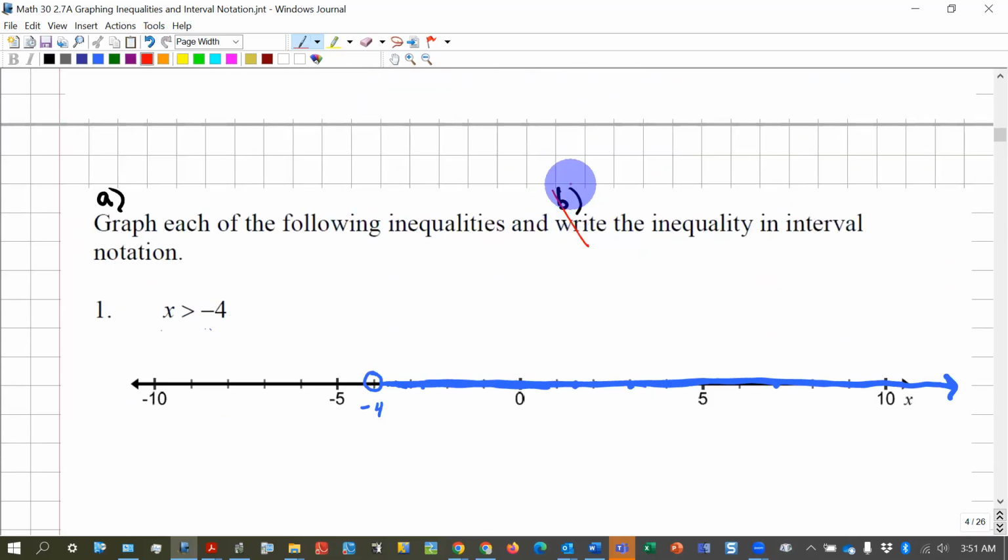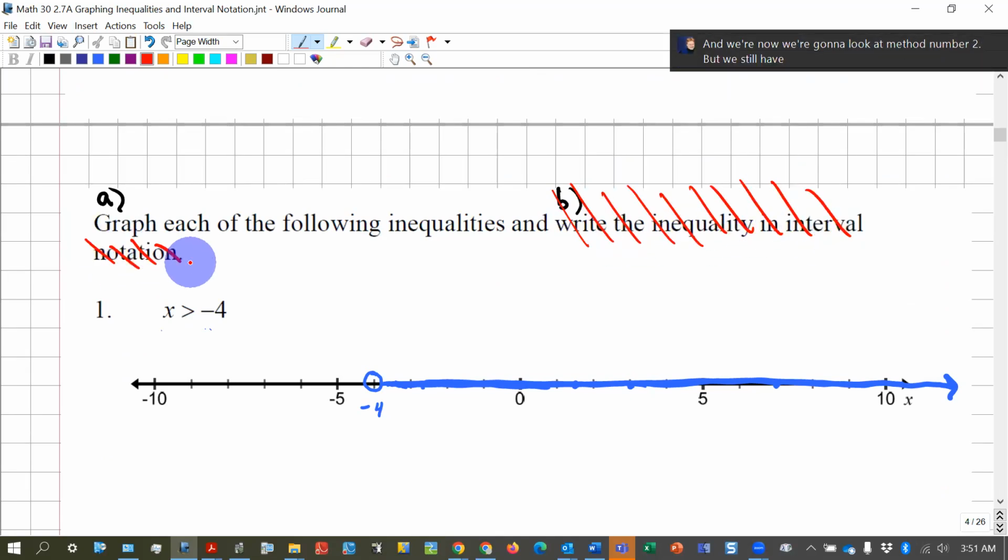And now we're going to look at method number 2, but we still haven't talked about interval notation.